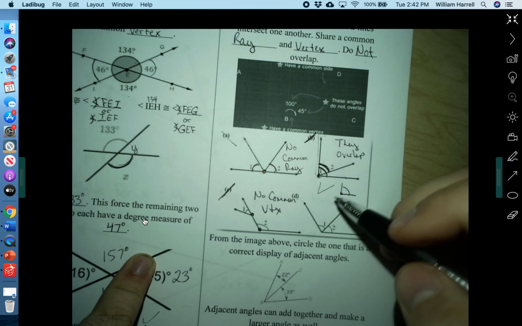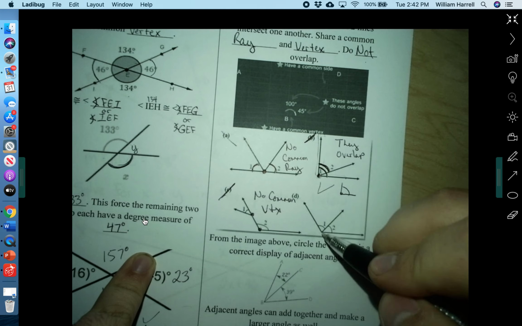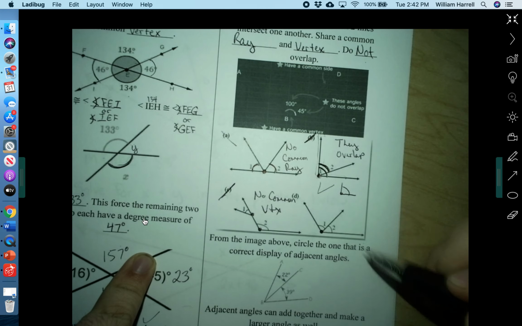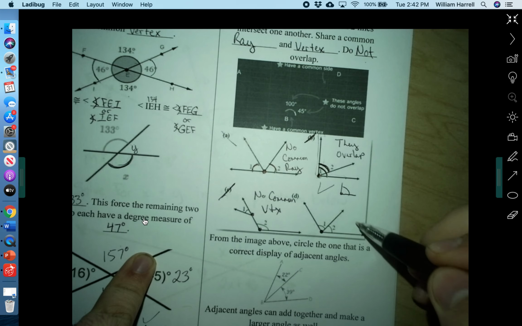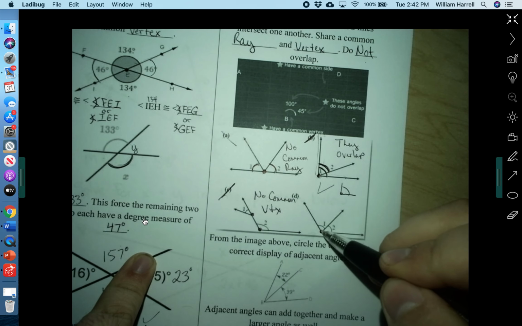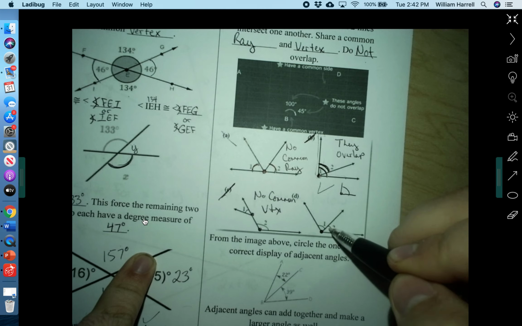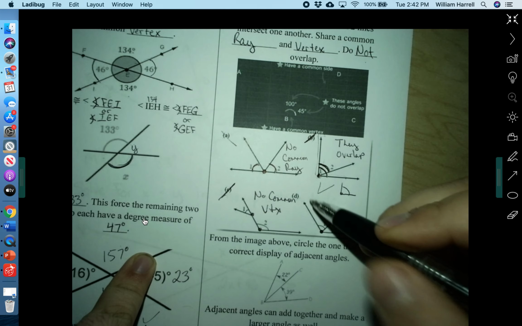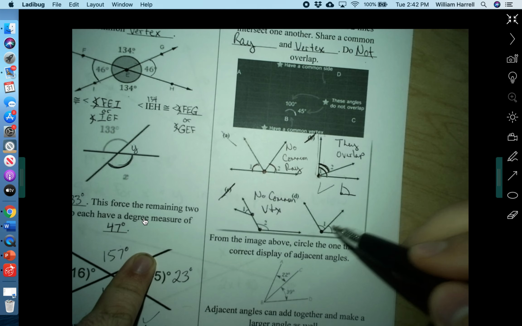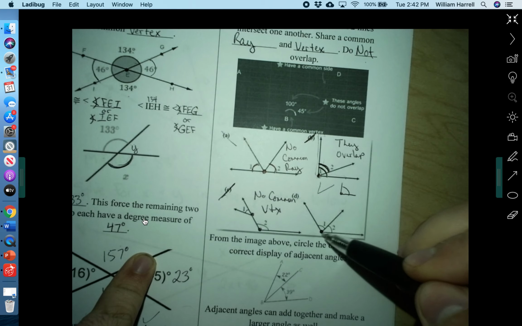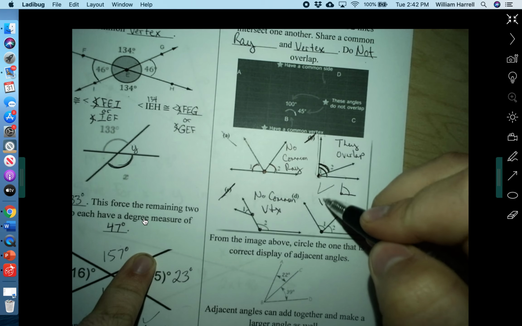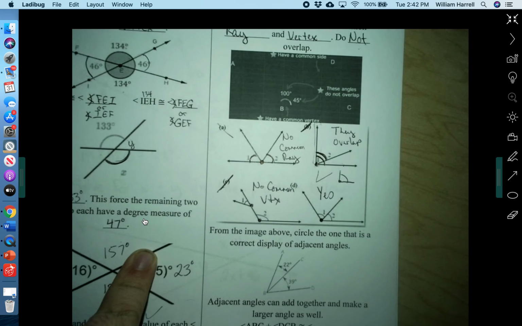Angle D, again, run through the thought process. Angle 1 is here. At the bend or the point is where the vertex is. Now I go to angle 2. The point is here, the bend is here. So there goes my vertex. Angle 1 is made up of ray, ray. Angle 2 is made up of ray and ray. So this is adjacent angles.